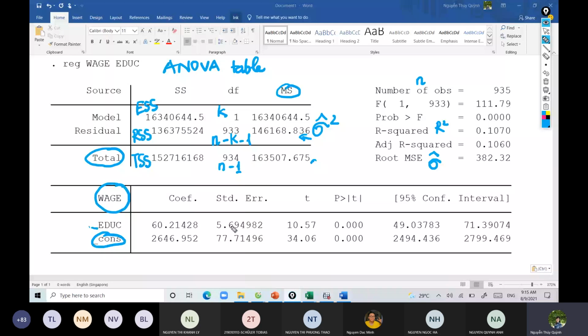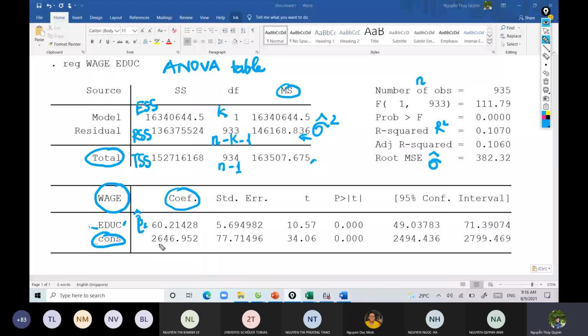Okay, we have here the first column is the coefficient, which means that they are the estimated coefficients of the model. This one is the estimated coefficient associated with the independent variable, that is beta 1 hat. Okay, this one is the estimated coefficient of the intercept, so that is beta 0 hat.